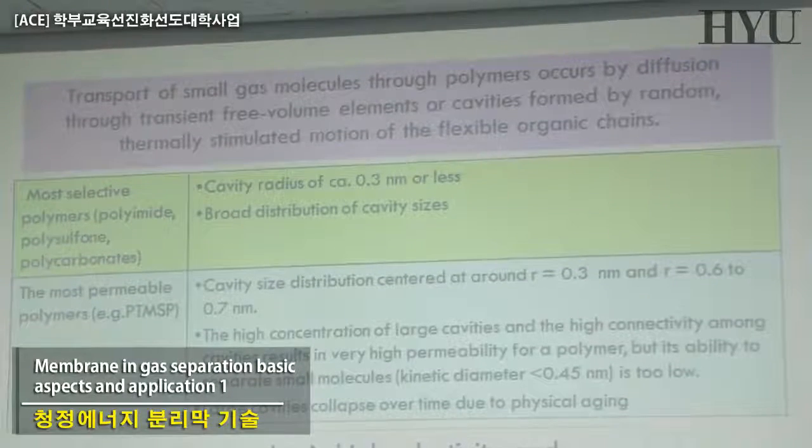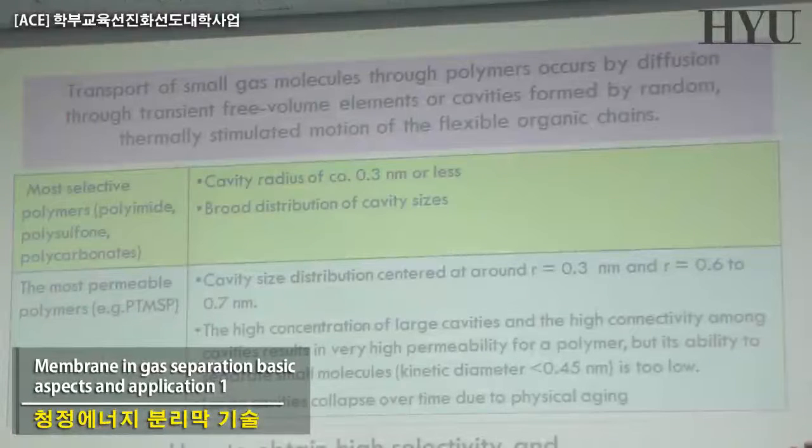These are called transient because in most parts of the system, not in zeolites, but in other cases, these cavities are moving. They are not blocked. They are not just a crystal. This is an amorphous system in which this free volume can be open and closed.